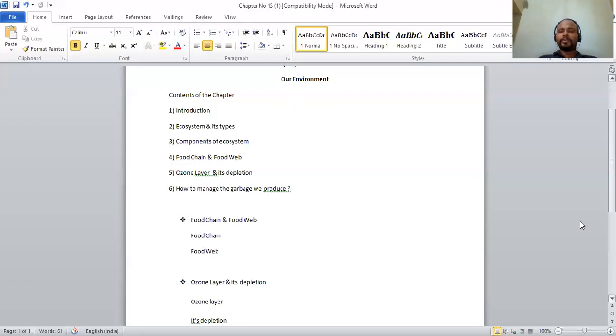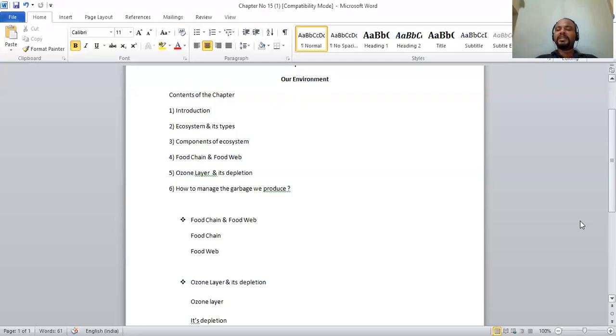Now, moving on further, at each trophic level, you will be seeing the gaining of energy, but all of this starts from the producers itself. So, first of all, let us see from where these producers gain energy. Producers gain energy by the food they prepare by the process of photosynthesis. For this, they absorb the light energy and convert it into chemical energy with which they prepare their food.